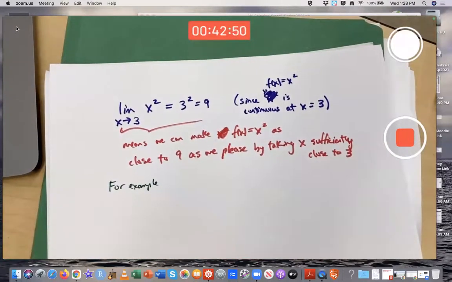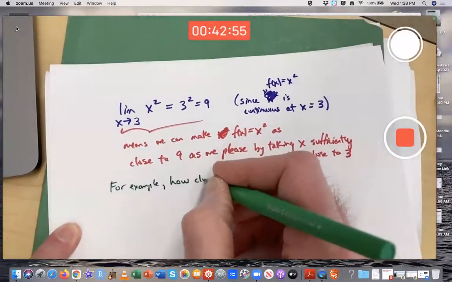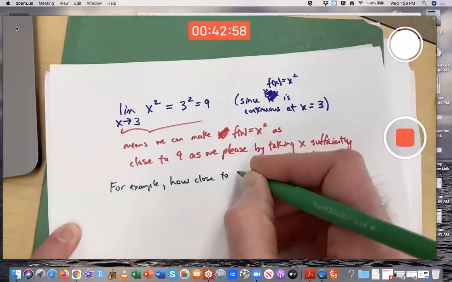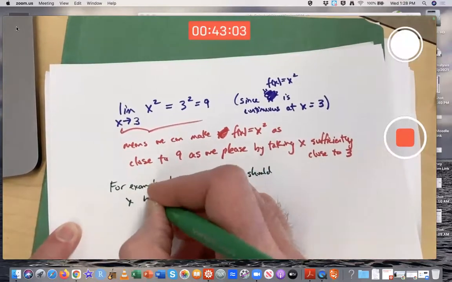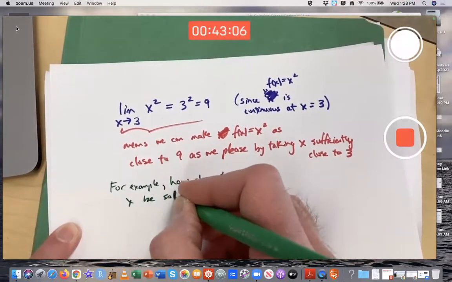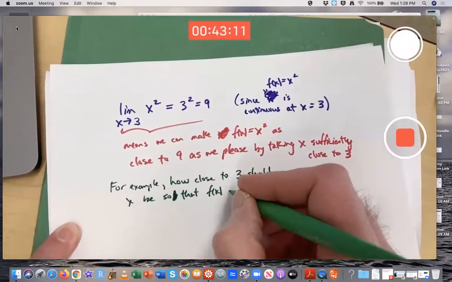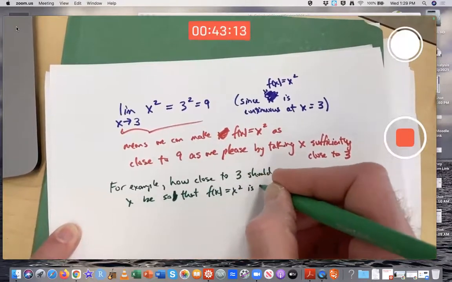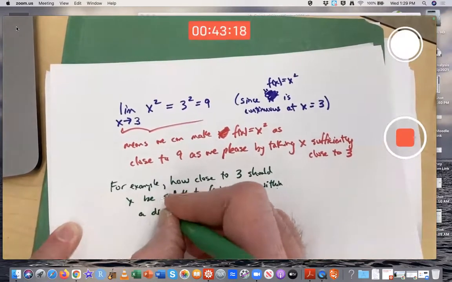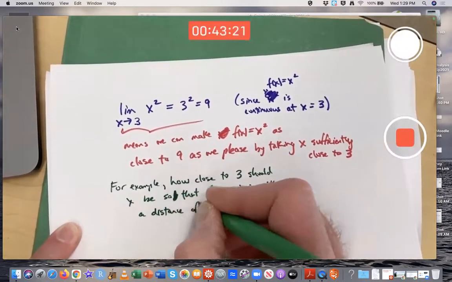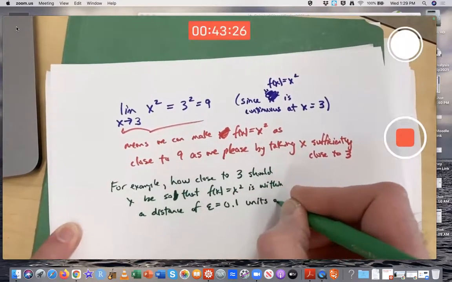I will go ahead and use the Greek letters. How close to 3 should x be so that f of x equals x squared is within a distance on a number line of epsilon equals 0.1 units of 9.